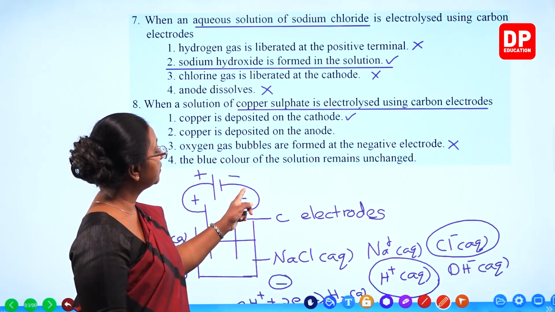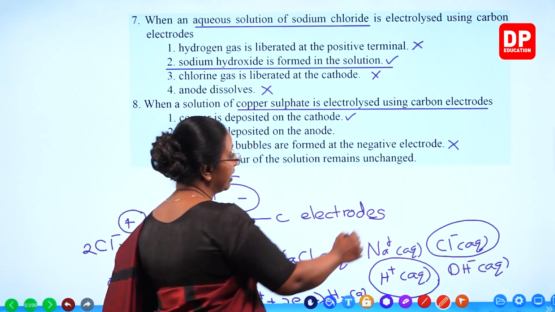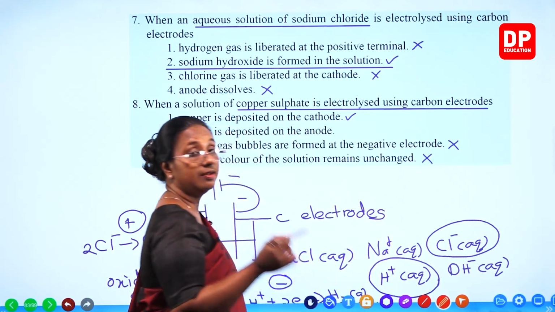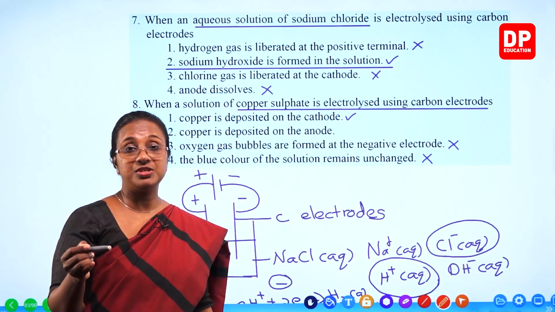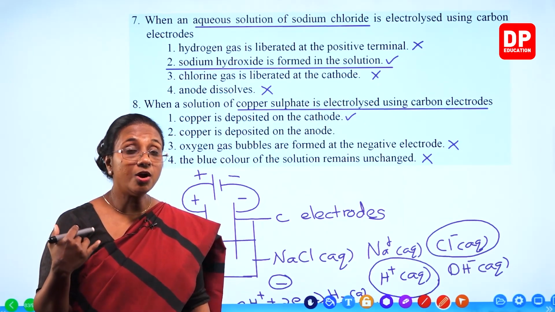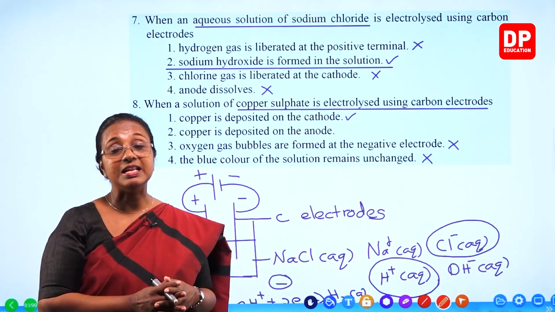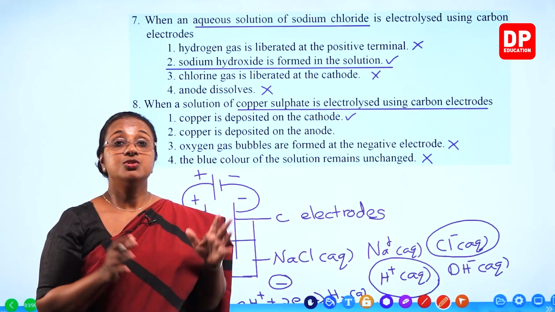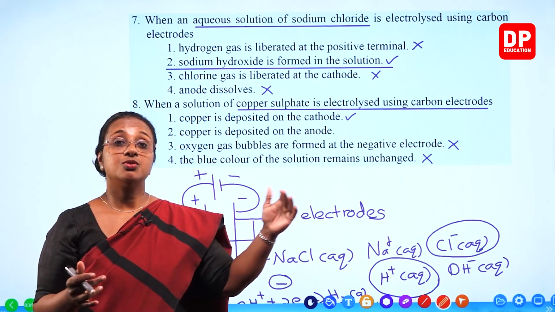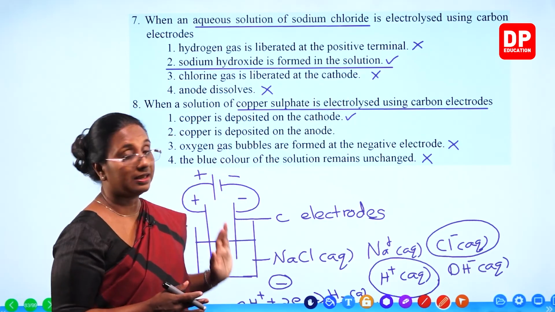The blue color of the solution remains unchanged. That is also incorrect. Why? I told you all, when copper is being deposited, copper ions are taken from the solution. So finally, you all know it will be H+ and SO4 2- that remain in the electrolytic cell. So that is colorless. So with time, the blue color of copper sulfate will decrease.